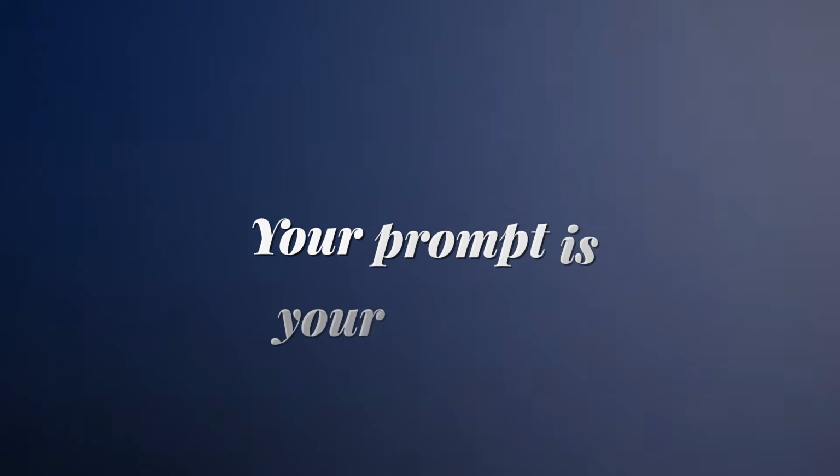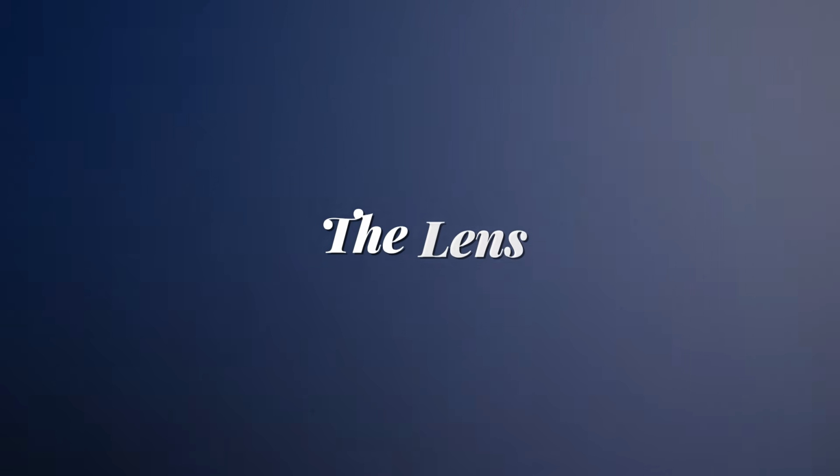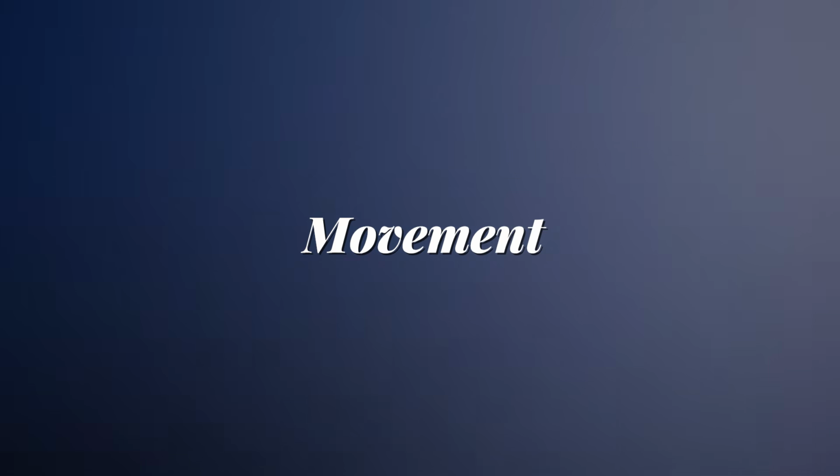Number 3 is where most people fail. Your prompt is your camera. The way you structure your prompt determines everything. Just like how a videographer controls the camera, your prompt controls the lens, lighting, movement, and direction.